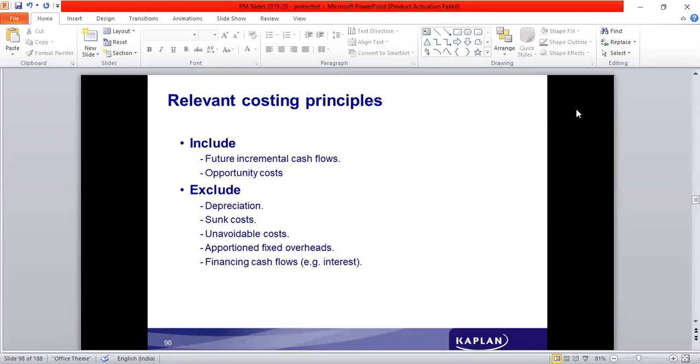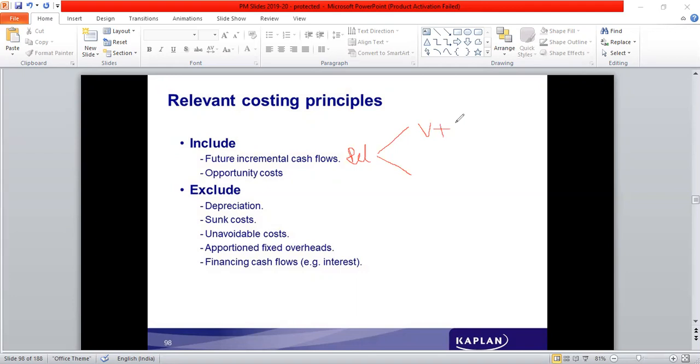So, what do the relevant costs include? For the relevant cost, we see the variable cost plus the traceable fixed cost.